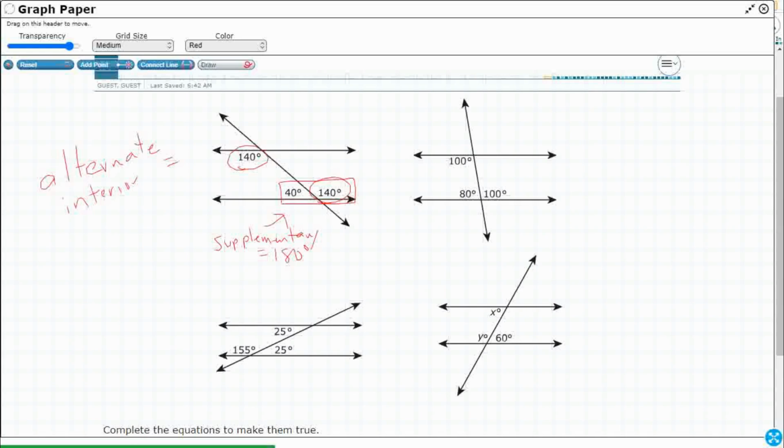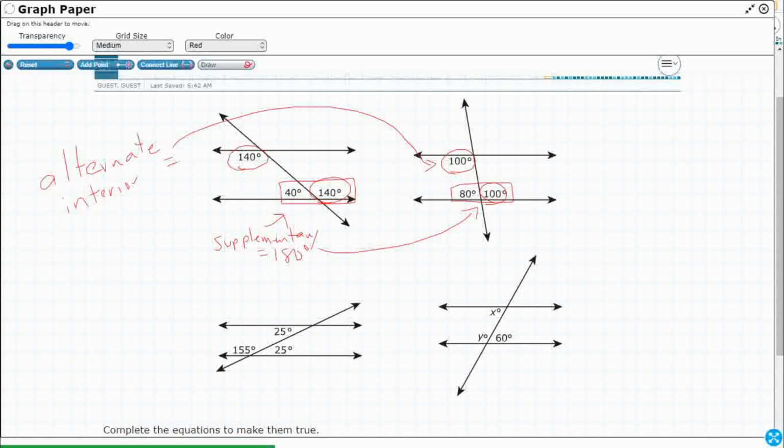And you notice we've got another set of alternate interior angles right there. They're on the inside of these parallel lines, and they're on alternate sides of that transversal, and they're both 100. And then once again, we've got two angles right here that are supplementary because they are basically a 180-degree angle, a flat line just cut by one line.